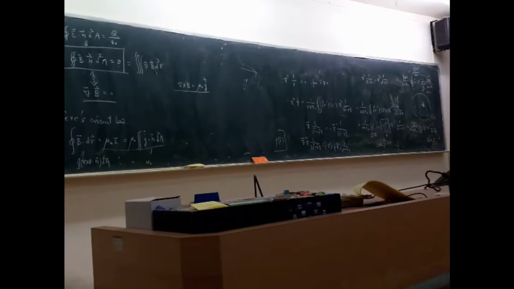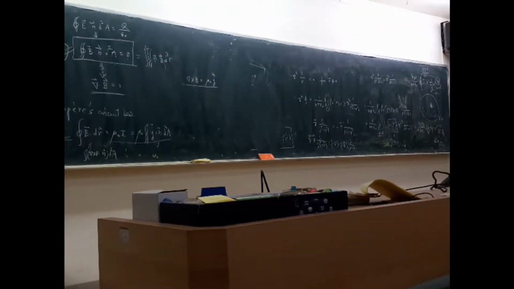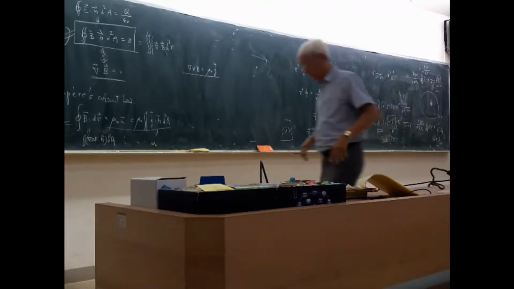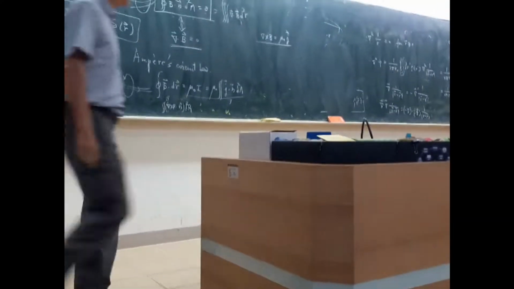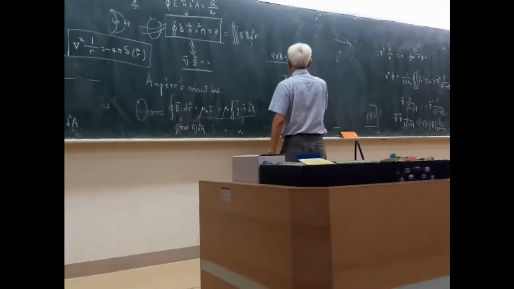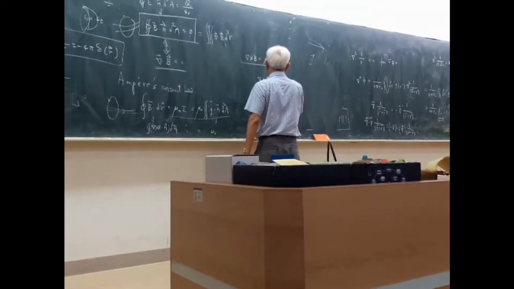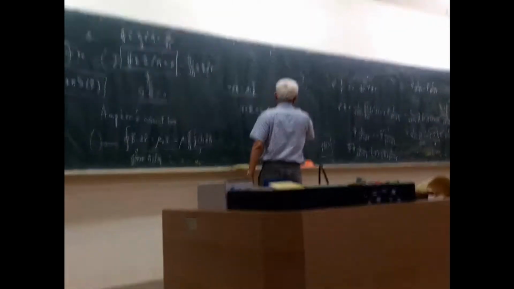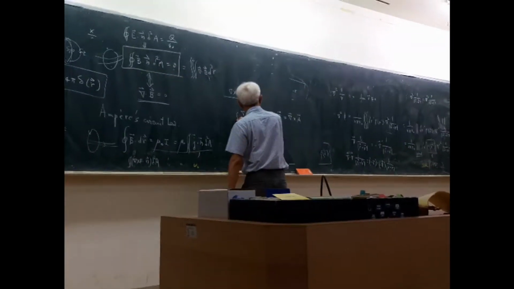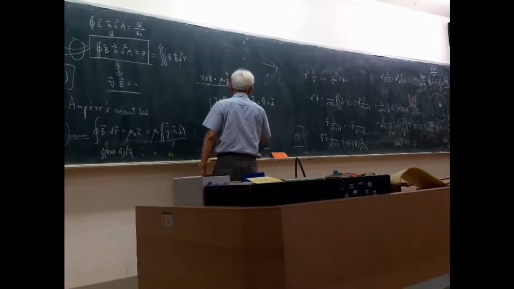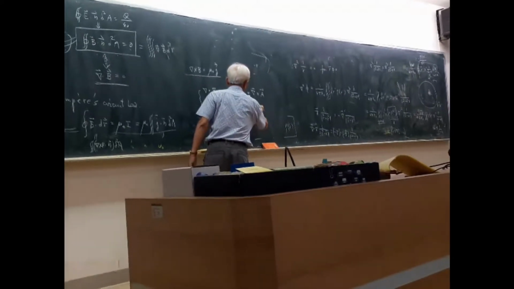It's called Poincare lemma or Helmholtz theorem. When you have divergence B equal to 0, that means B is equal to curl A. And when you have curl E equal to 0, that means E is equal to minus gradient phi.